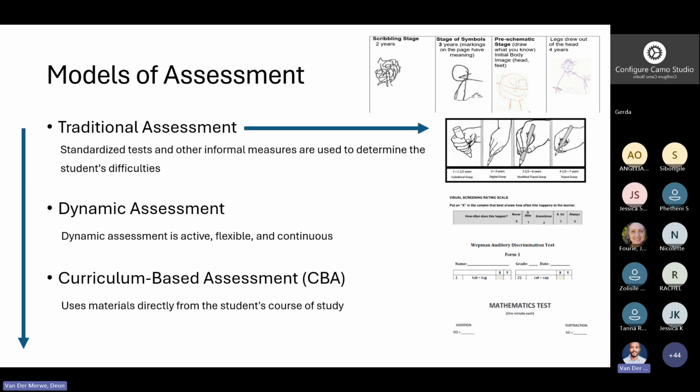And then we have the curriculum-based assessment. Now, this method uses the learner's actual work or material just to assess how well they're doing in the subject that they are doing.